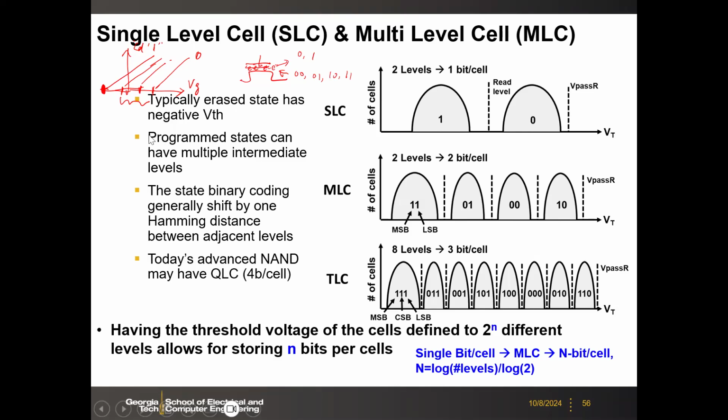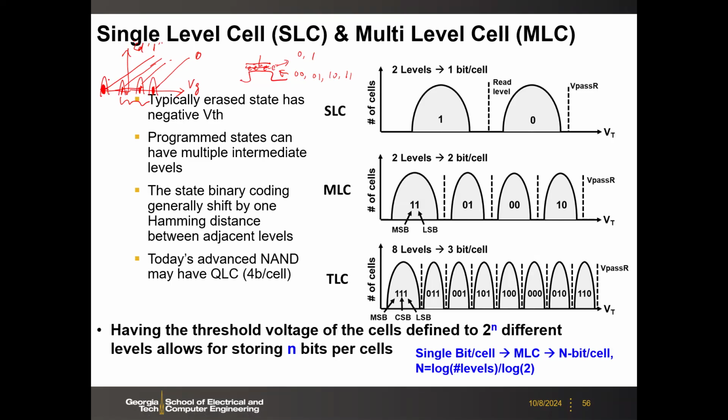Then we are going to look at the distribution of those threshold voltages, because there will be variations from device to device or from cycle to cycle. So each VTH actually will become a distribution here. You cannot precisely program it due to the variation from device to device or from this programming cycle to the next programming cycle.